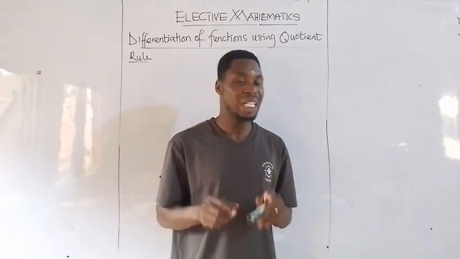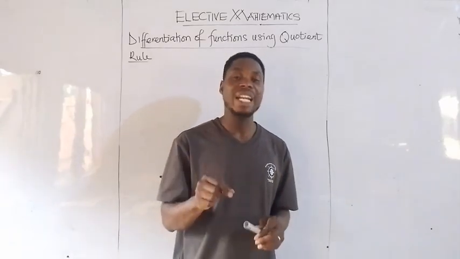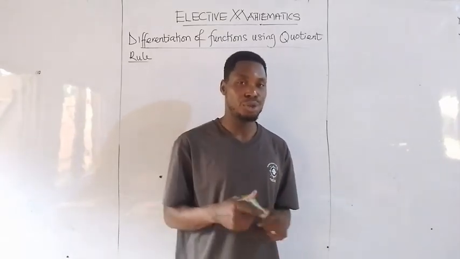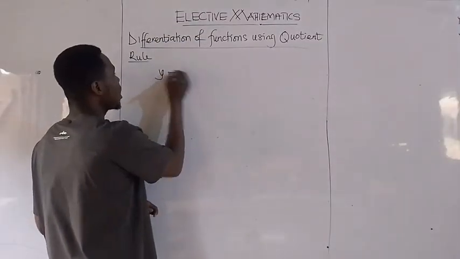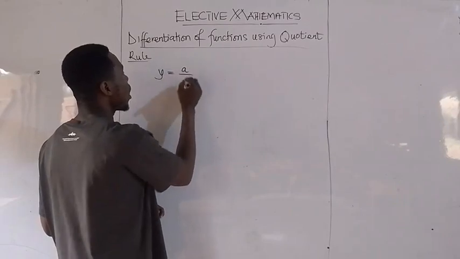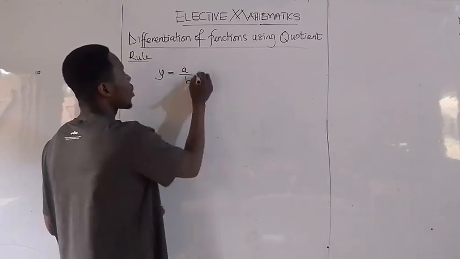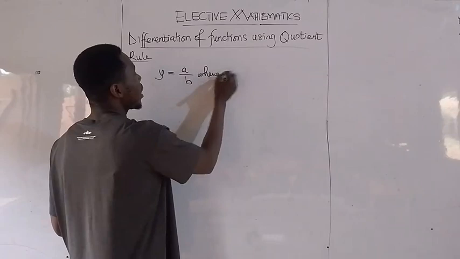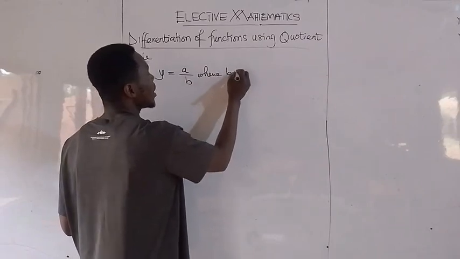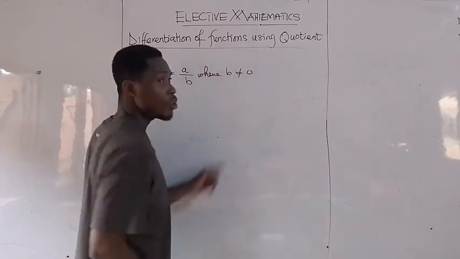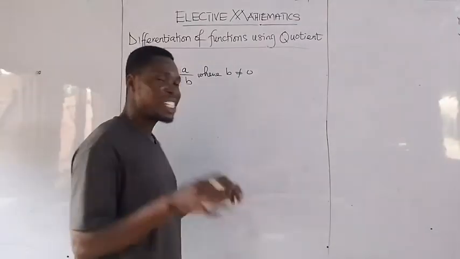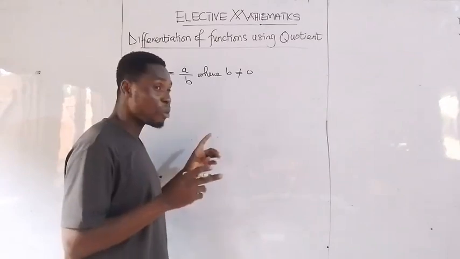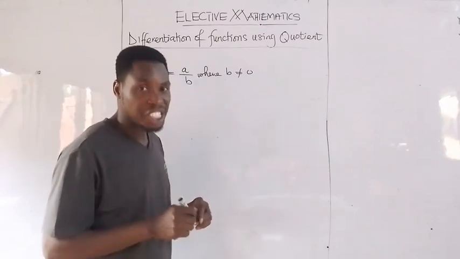It is normally used when the function given to you is in the form y equals a over b, where b is never equal to 0. Simply put, when the function given to you is a fraction.